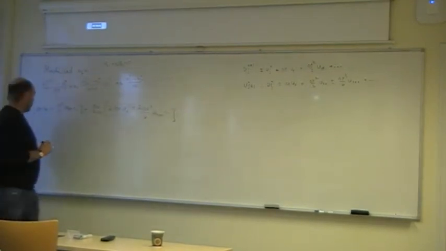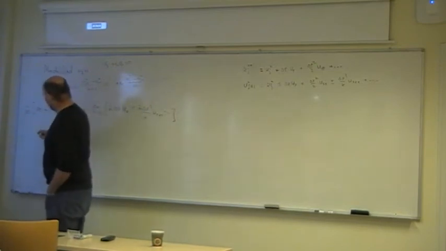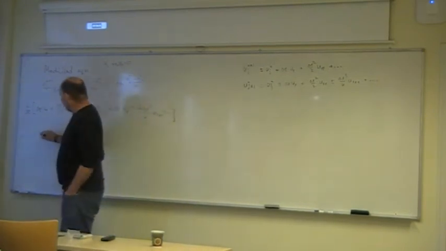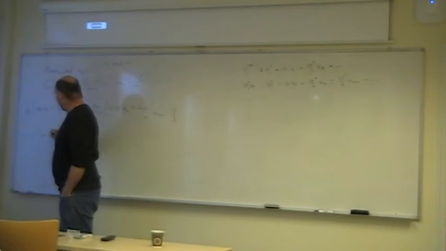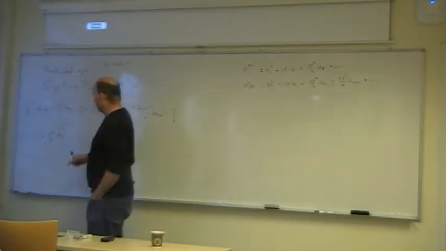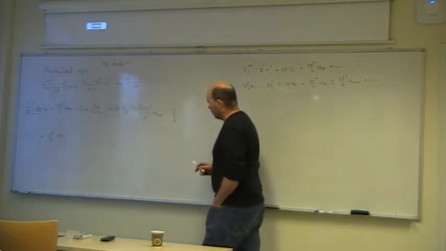What will we end up with? Well, delta t falls, so I'm left with u_t there. The next term will look something like this, delta t half, double derivative, and then even higher order terms.